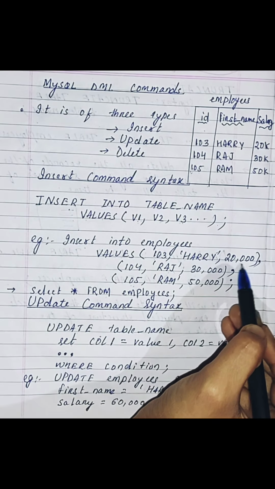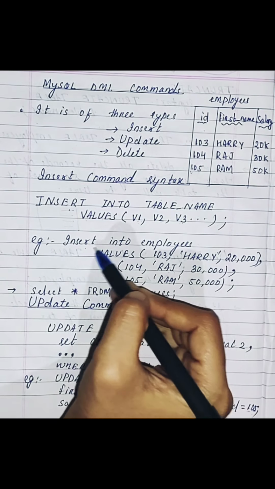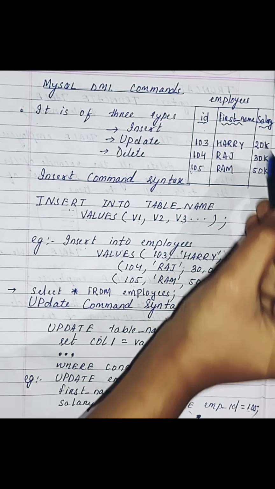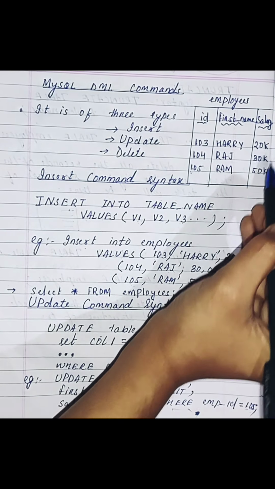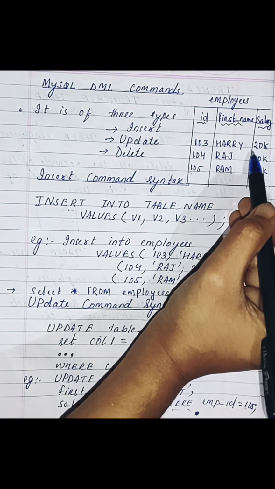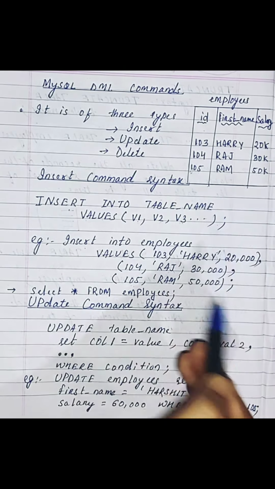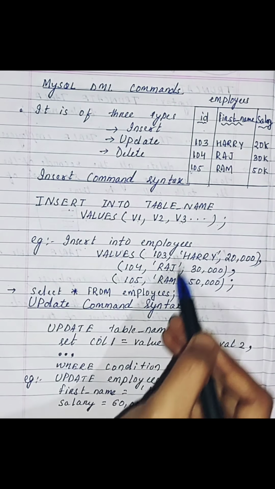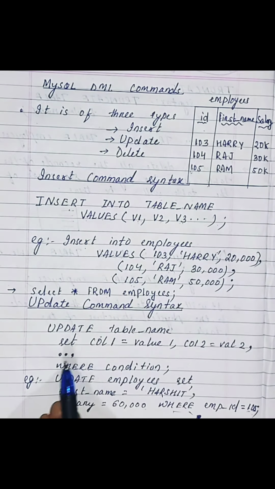Whatever I write at the time of inserting, 20,000, will be displayed as it is in the salary. Similarly, 104, Raj and 30,000, and the third row is 105, Ram and 50,000.